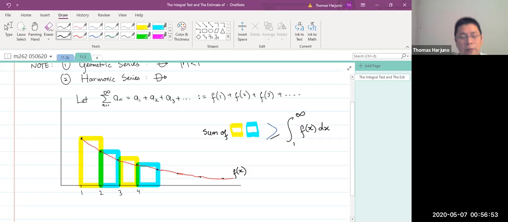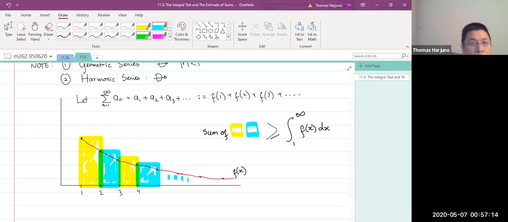Now, please think about that first, at least from the picture. You see from the picture that the sum of all these boxes, the area of this box plus the area of this box plus the area of this box and so on and so forth, will be greater than the integral, because the area under the curve will refer to only this section here, right?